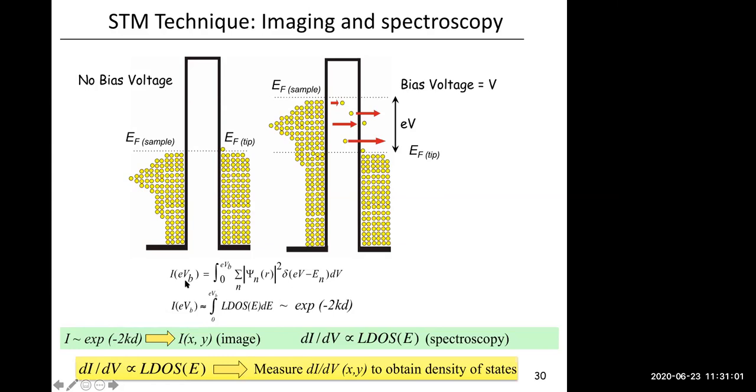So the tunnel current is proportional to the integrated density of states of both the sample and the tip. And we take great care to make sure that the tip density of states is featureless. So essentially, you can think of the tunnel current as being proportional to the integrated density of states of the sample. And so to measure the density of states, what we do is measure the differential conductance, or dI/dV.